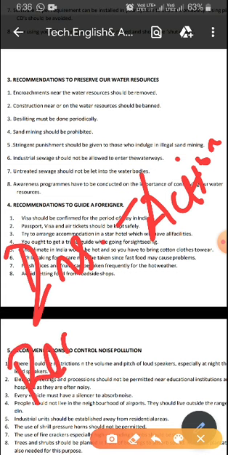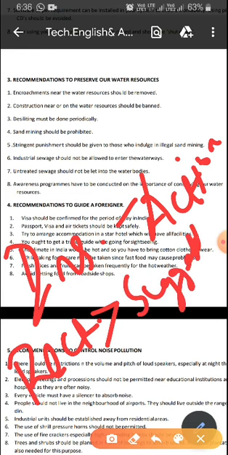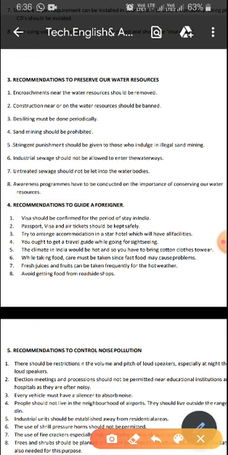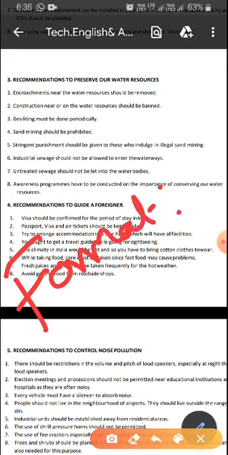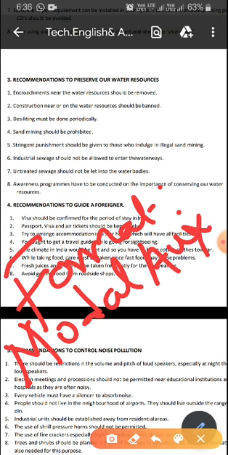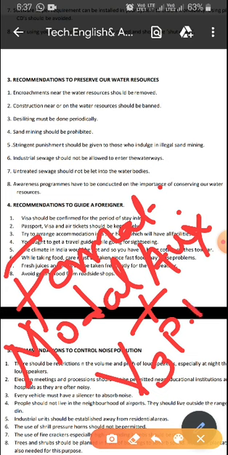For recommendation, it's a suggestion form, and in the format of modal auxiliary plus V3, which means past participle. Alright, so this is the format you are going to see in recommendations.